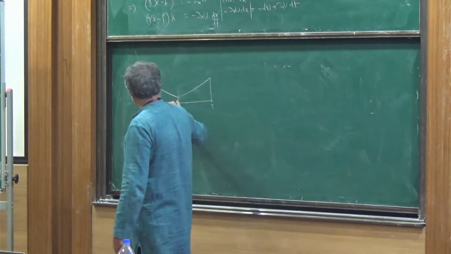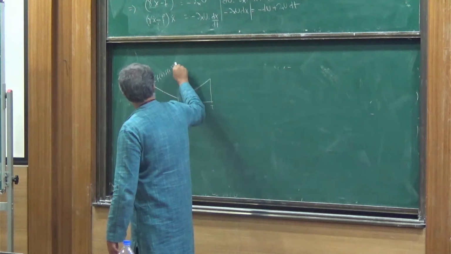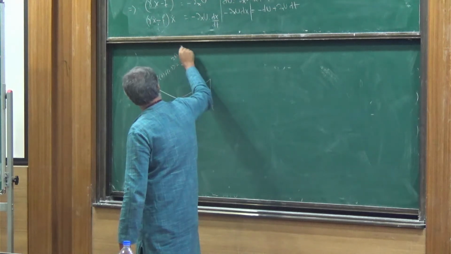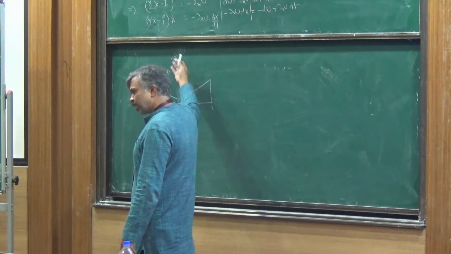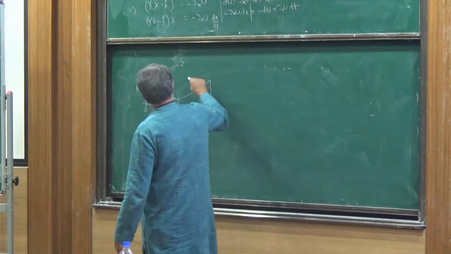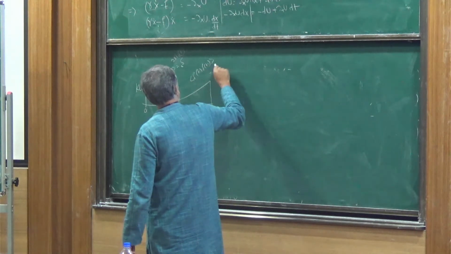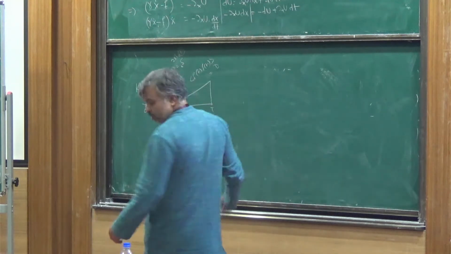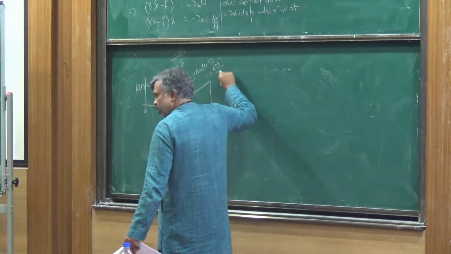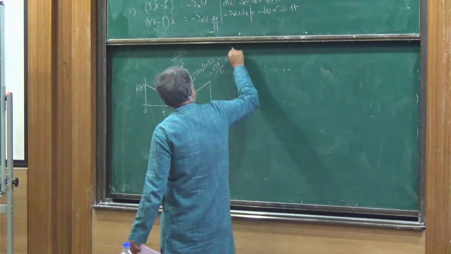Here the noise correlator is delta with the normalization 2 gamma k_B T. T here is all equilibrium, that number from the thermometer. And here it is D gamma squared, then e to the power minus |t minus t'| by Tc.